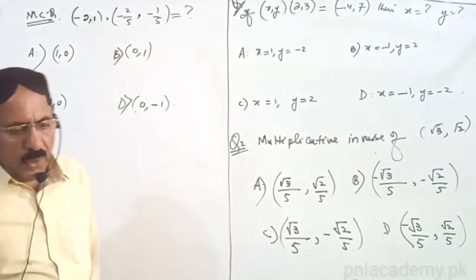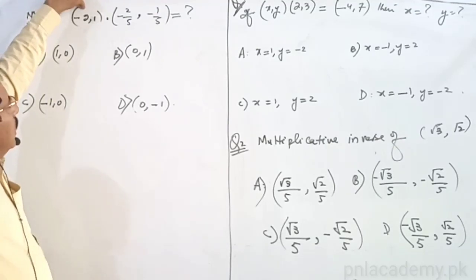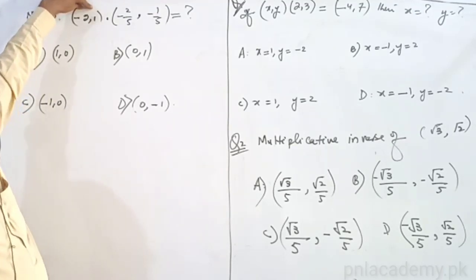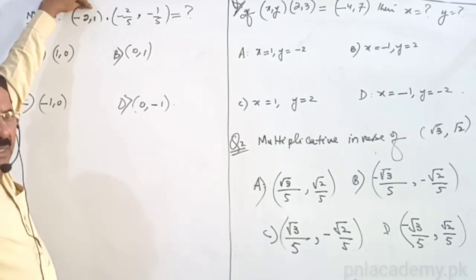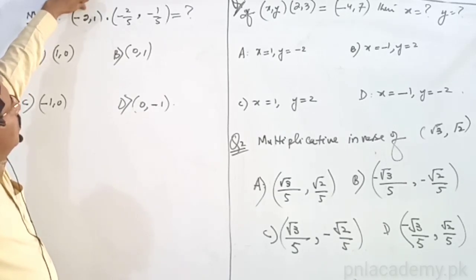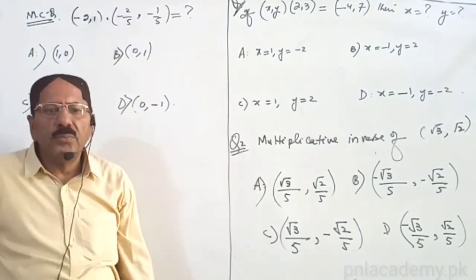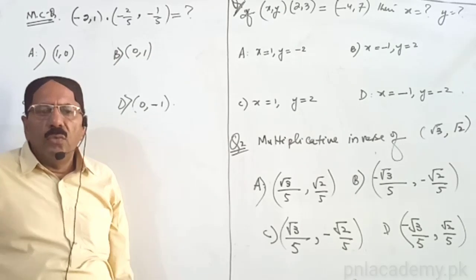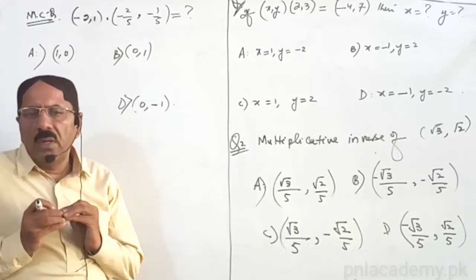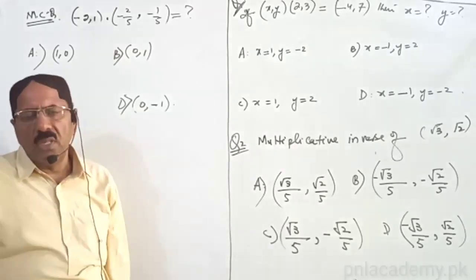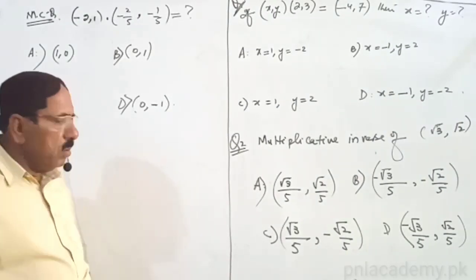So here we know that (minus 2, 1) is a complex number. Its multiplicative inverse is (minus 2 upon 5, minus 1 upon 5). When we multiply two complex numbers which are multiplicative inverses of each other, the result is the multiplicative identity, which is (1, 0).